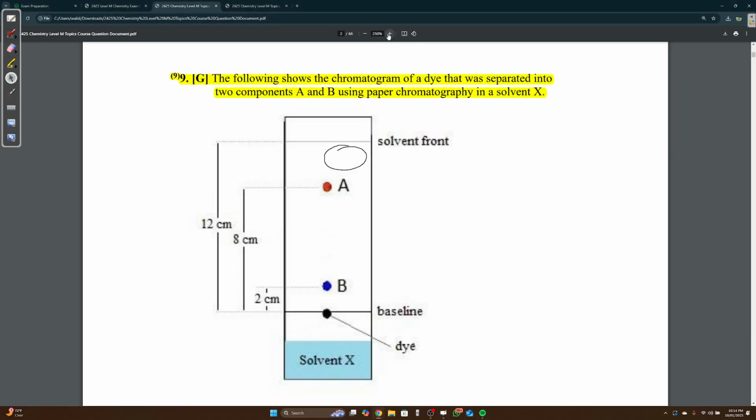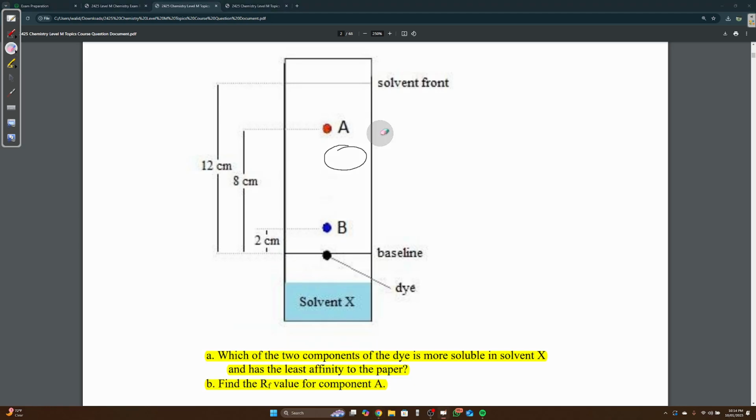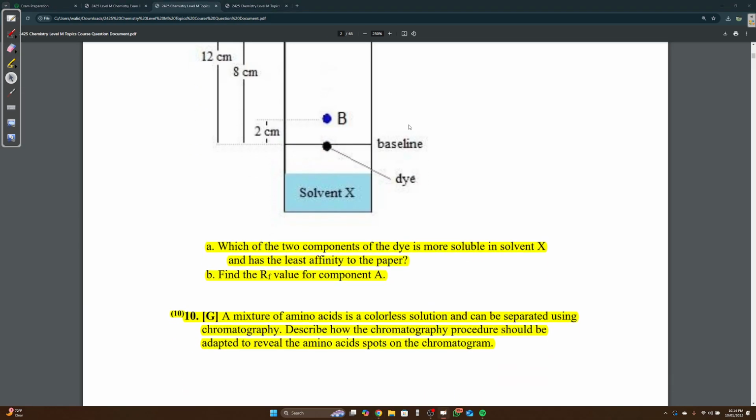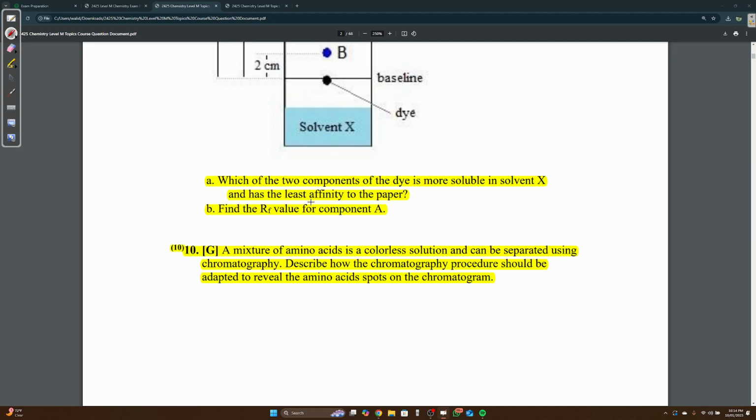Those who are doing AS Bio have come across this word affinity.